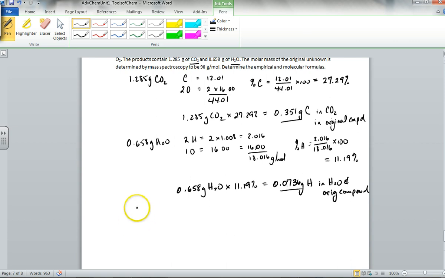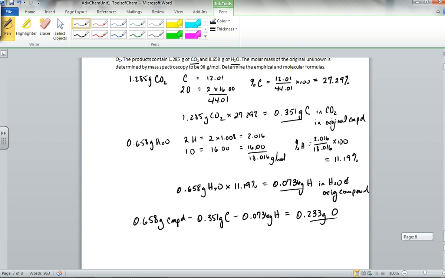The way we find the oxygen is to go back to the fact that we had 0.658 grams of the compound, and it contained 0.351 grams of carbon and 0.0736 grams of hydrogen, so the remainder must be the oxygen, and that's 0.233 grams.